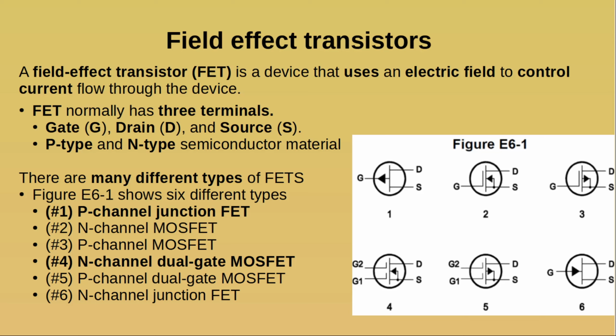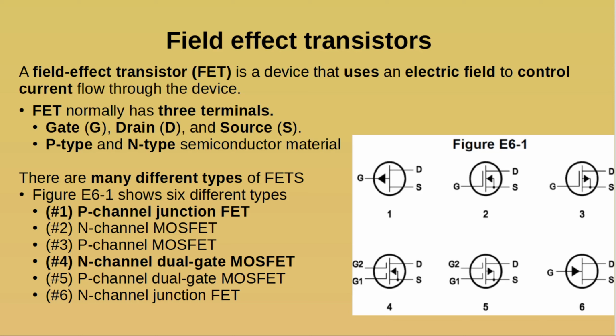So number 1 is a P channel. You notice where the arrow is going. If you look at number 2, you see that the gate symbol doesn't make contact with the drain source. It actually shows it in parallel, because that creates an electric field between the gate and the drain and source substrate. That electric field is what controls the current flow from drain to source.